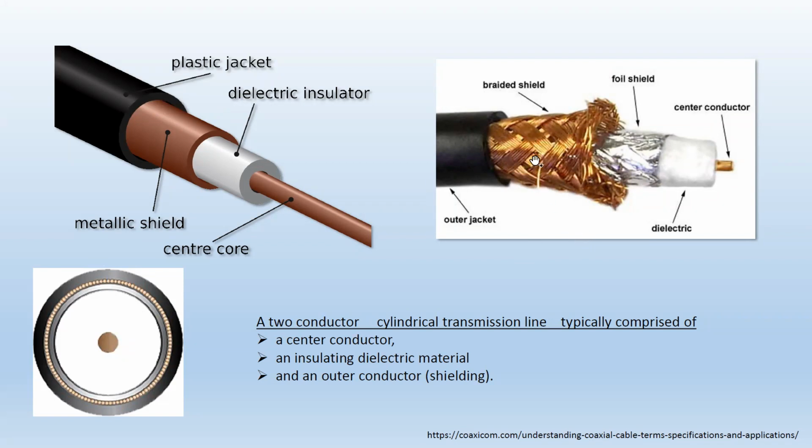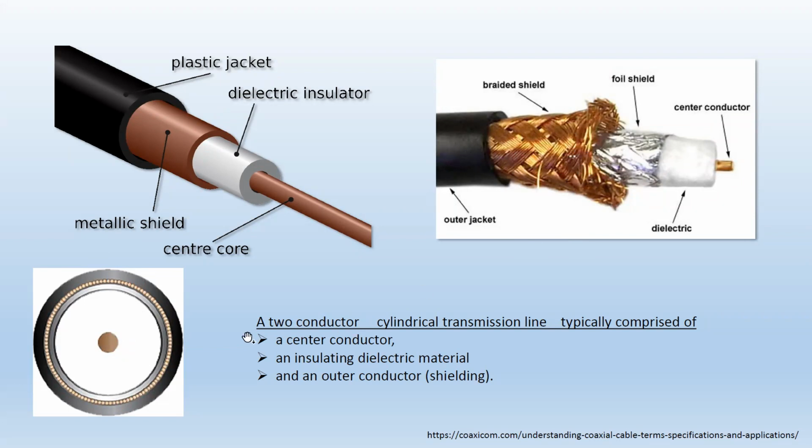There's a braided shield as an extra protection. So some of the cables are double shielded to give some extra protection. You're trying to make sure that the signal doesn't escape from the cable, affecting other things and signal being lost. And it also prevents interference from outside going into the cable. So it's like a double action, right?